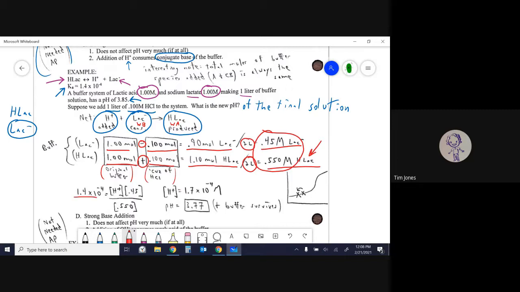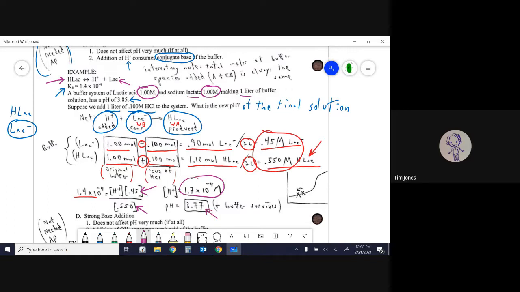So here's the Ka that was given. Here is the lactate or weak base. Here's the lactic acid or weak acid. Solve for H plus, and you get this. And then you get a buffer with a pH of 3.77.